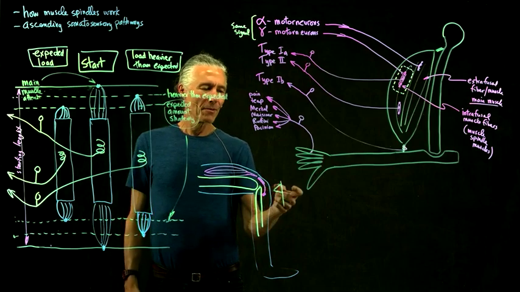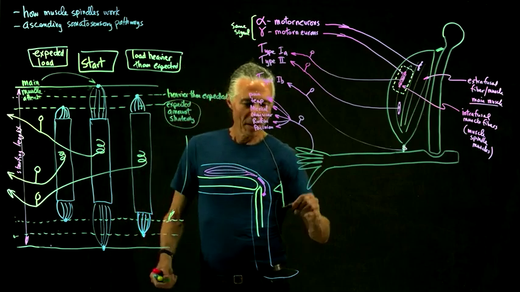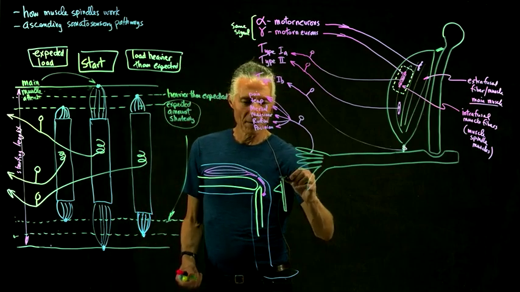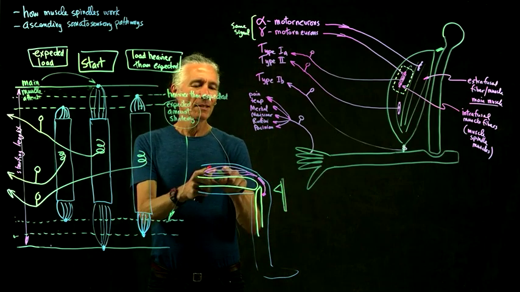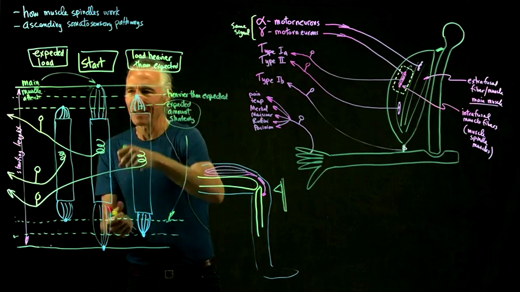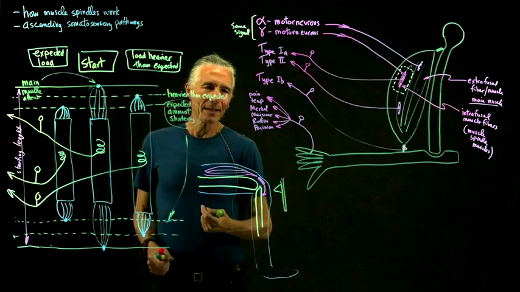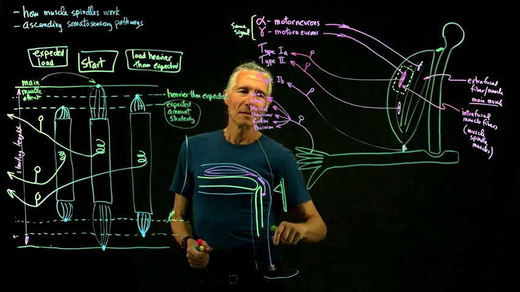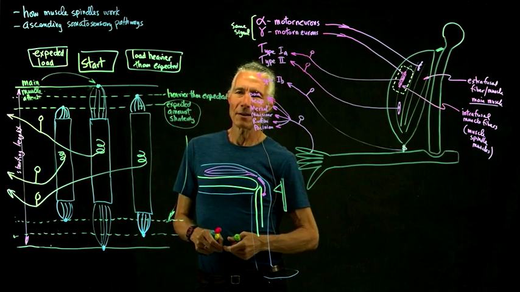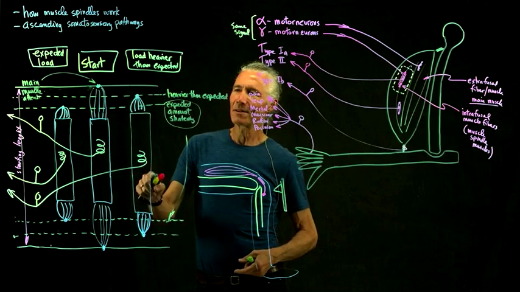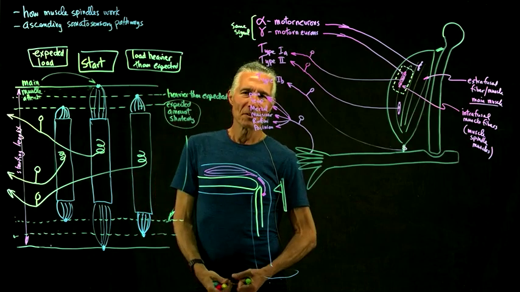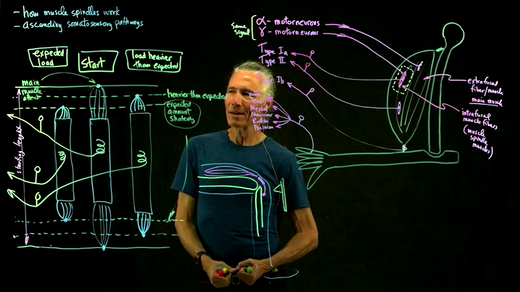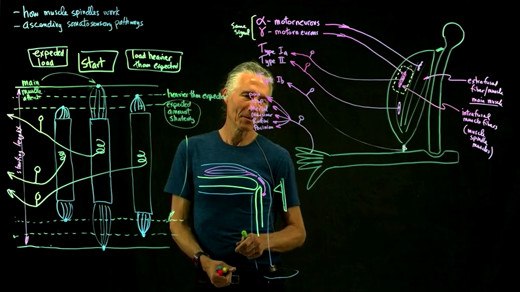When you tap on it, you get a big stretch reflex in these upper thigh muscles. That will stretch all these fibers, and then the signal comes back into the central nervous system and says, "Whoa, you seriously underestimated how heavy that was," and so your leg kicks out.